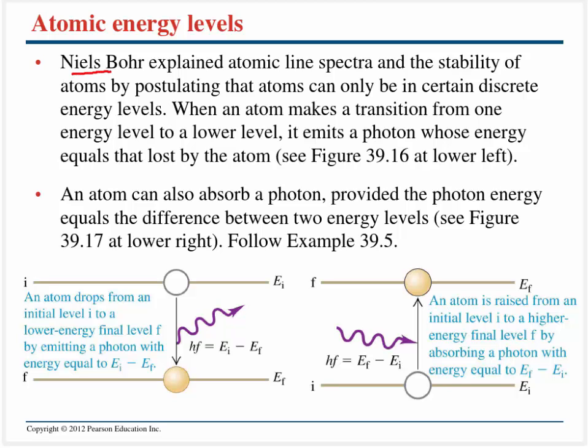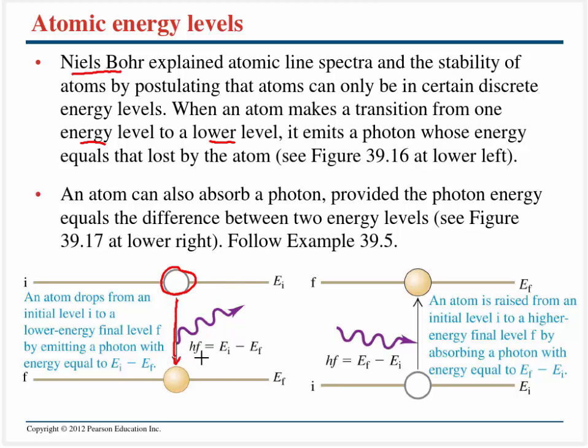It was Niels Bohr who actually explained this. He's the one that said that there have to be these discrete energy levels inside of an atom. When an atom makes a transition from a higher energy level to a lower energy level, that energy is going to go into emitting a photon. So here we'd have an electron that's in some higher state.